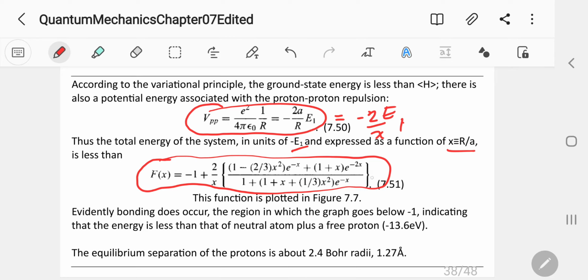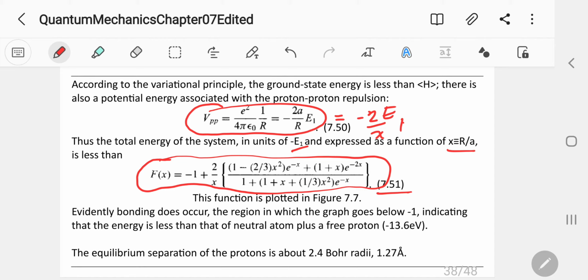You can arrive at 7.51 by doing some slightly complicated algebra. Here we can see the plot in the next slide.